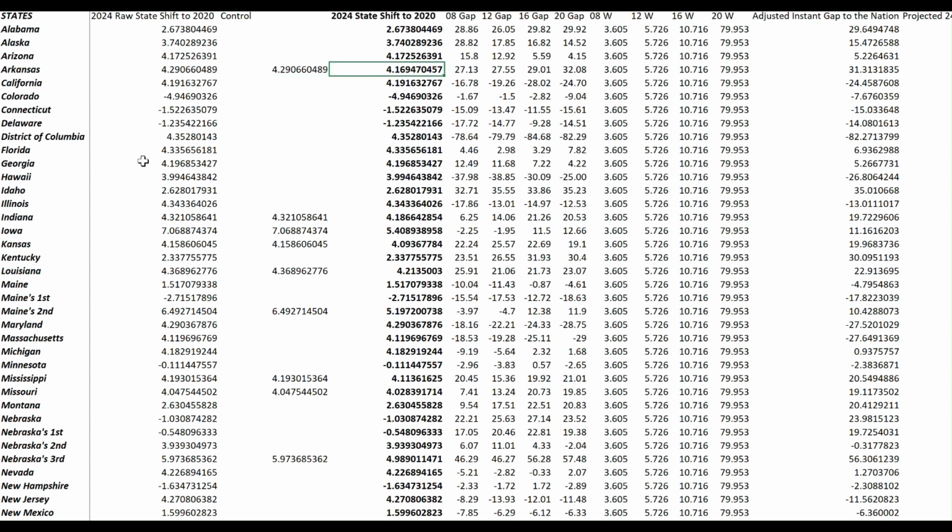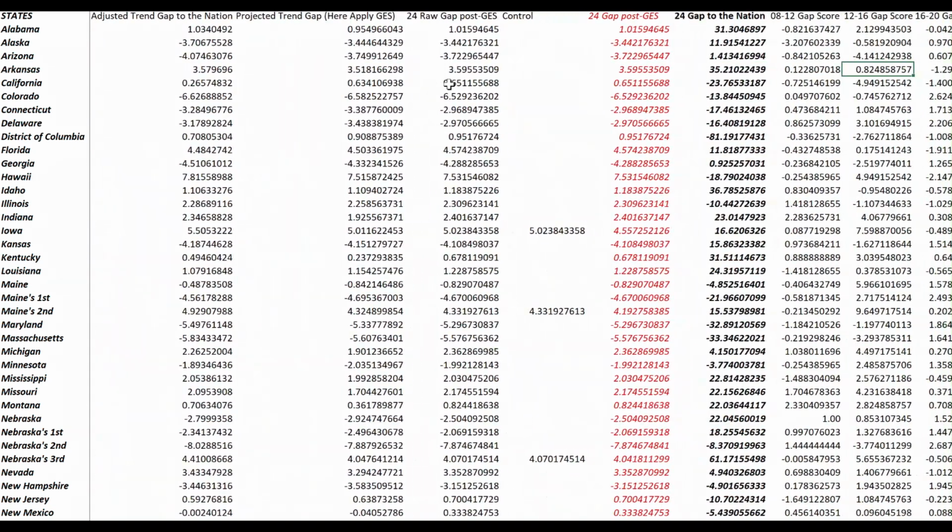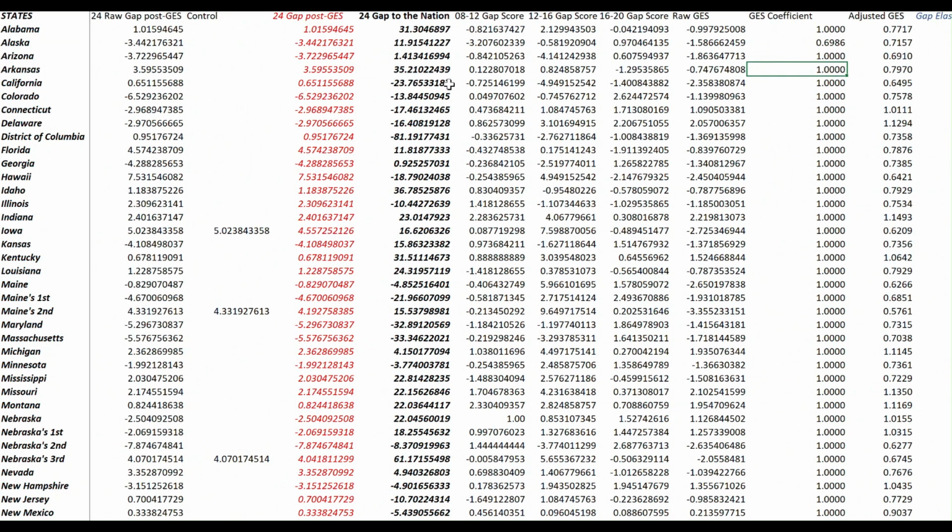We would have in Arizona, for example, a big 4 point advantage for Republicans, which is an outlier, not really accurate, and which is made up for by this margin here, the 2024 gap to the nation, the third parameter I'm talking about. We have a 1.4, which means that the parameters really work, for example, here in Arizona.